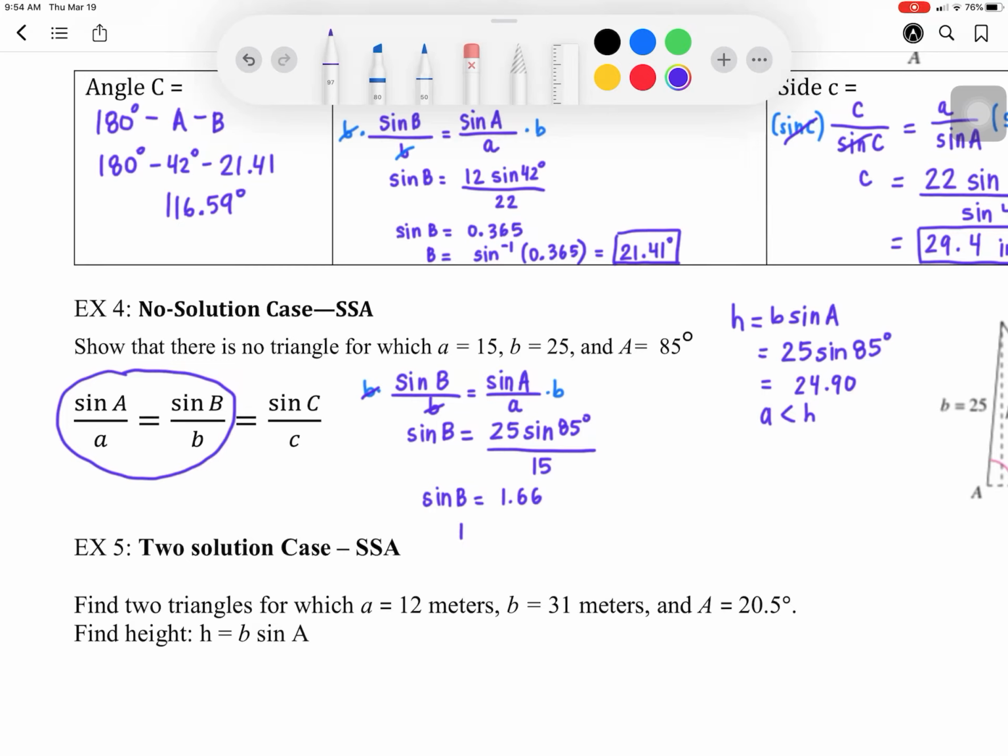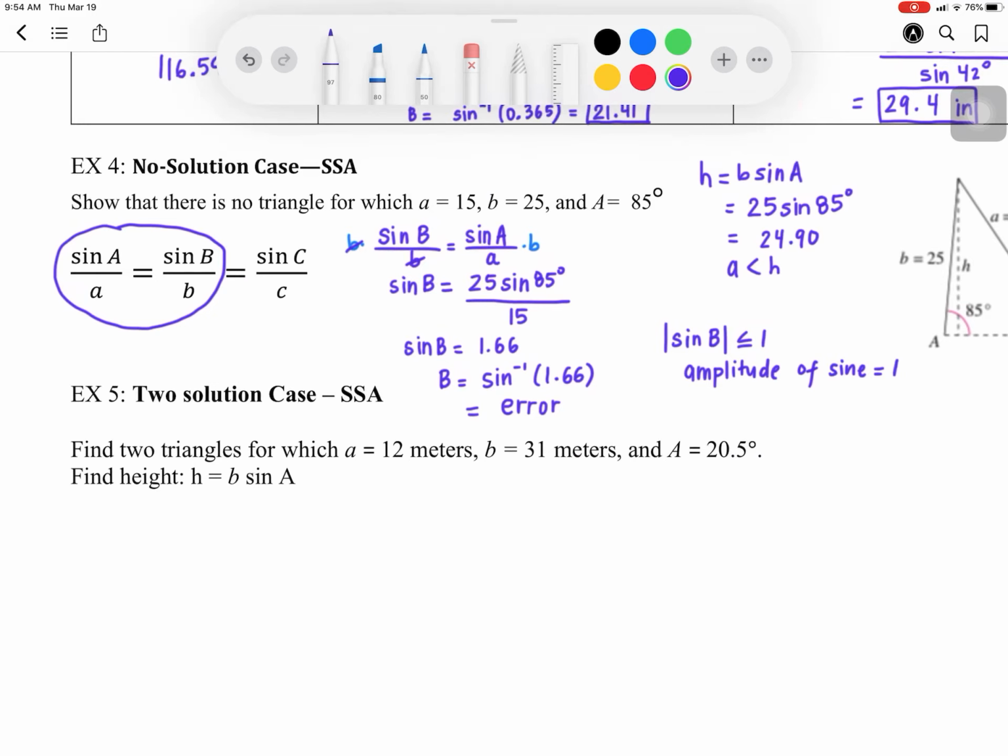And if you want to find B, B is going to be the arc sine of 1.66, and well, it's going to give you error. So therefore, this is a no solution case. So let me just write this here. Remember that sine is bounded by positive and -1. And the amplitude of sine was 1.